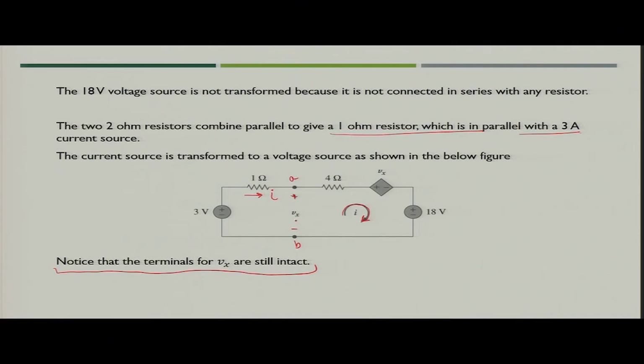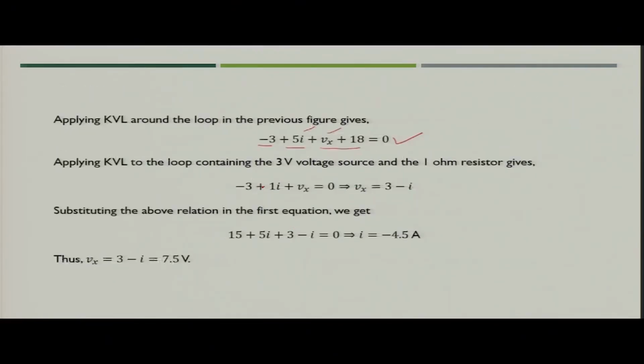We can say Vx is nothing but 3 volt minus 1 into I. So, in the same way we have calculated, Vx is nothing but 3 volt minus I. Now, this value you can put in the above equation and simplify, and you will get current as minus 4.5 ampere. In this way you can calculate Vx as 7.5 volt.